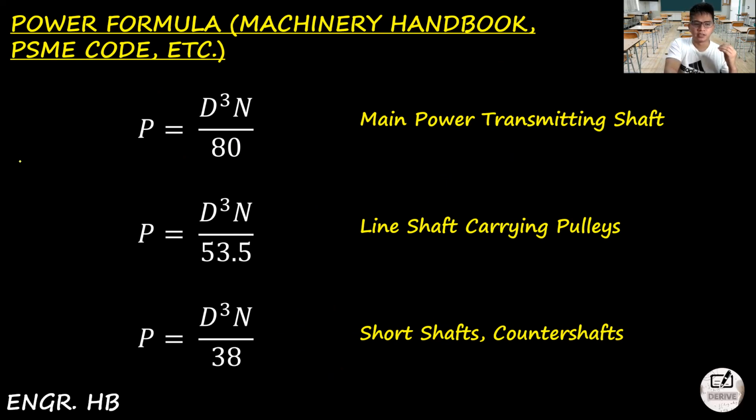So as you can see, they all have a unique formula, which is d cubed N divided by constant. So kapag main power transmitting shaft, that was 80. Kapag line shaft carrying pulleys, 53.5 ang ilalim, and the denominator of short shafts or counter shafts is 38. So dadaling tandaan, d cubed N divided by K. So constant mo, 80, 53.5, and 38 for main power, line shaft, and short shafts respectively.